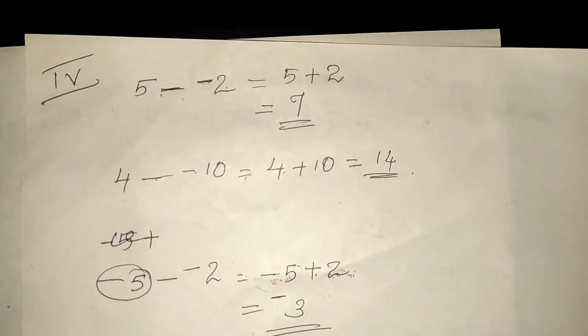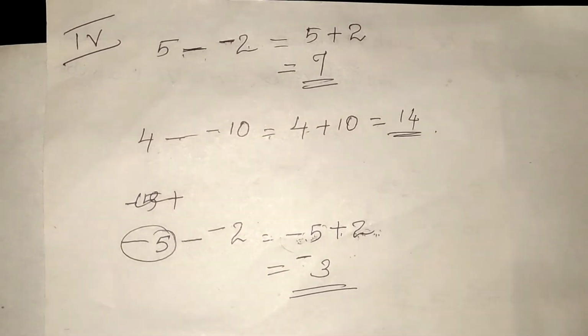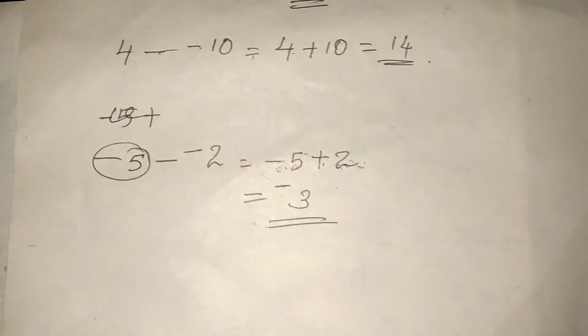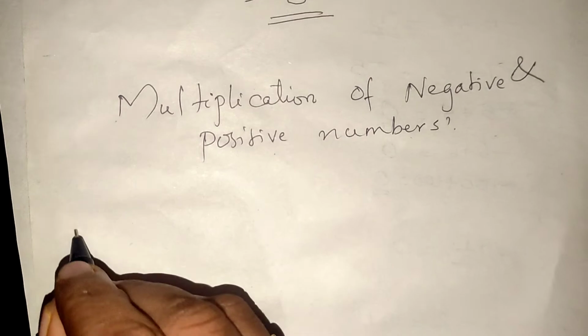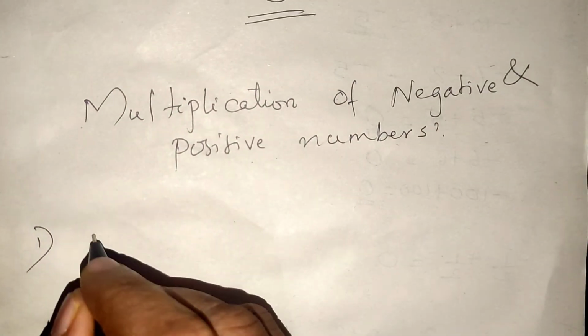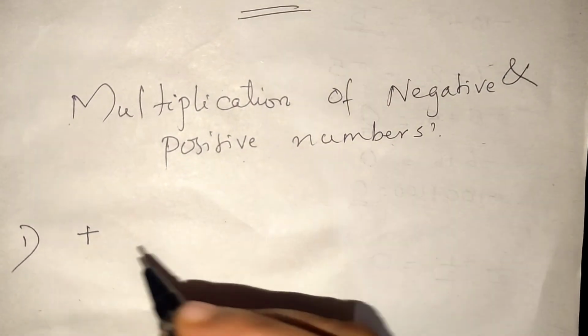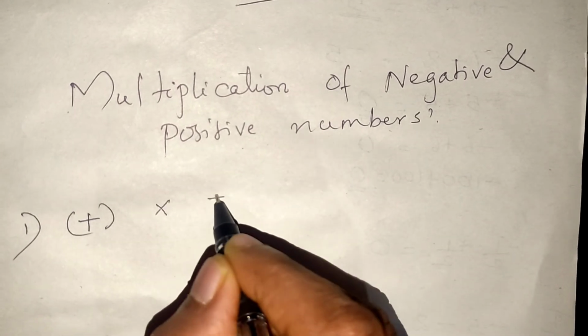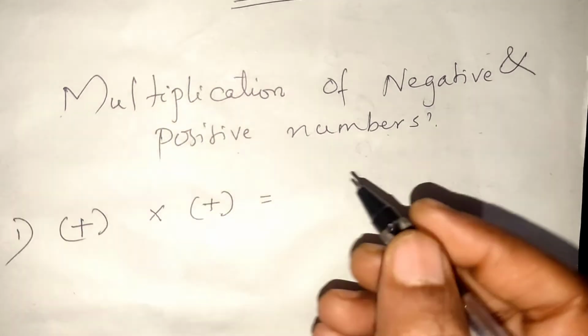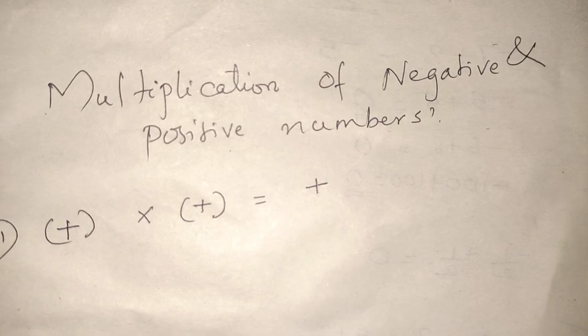Now we have the multiplication rules. We have some multiplication rules also for the negative numbers. Okay, the first rule is, first we are going to multiply two positive numbers. That is, if we multiply a positive number with another positive number, the answer is always positive.